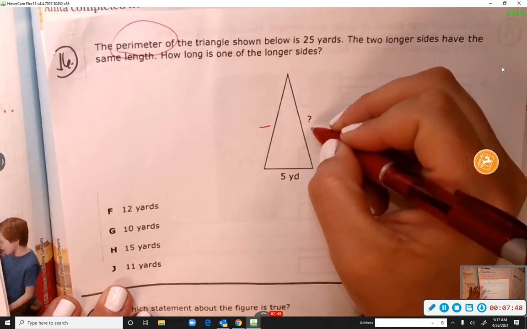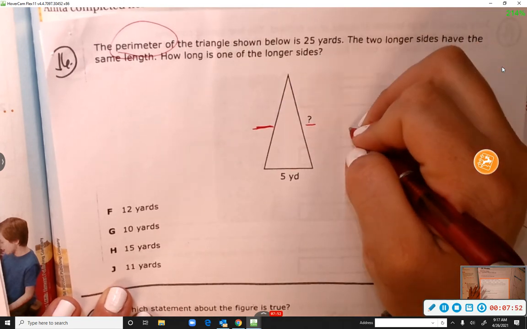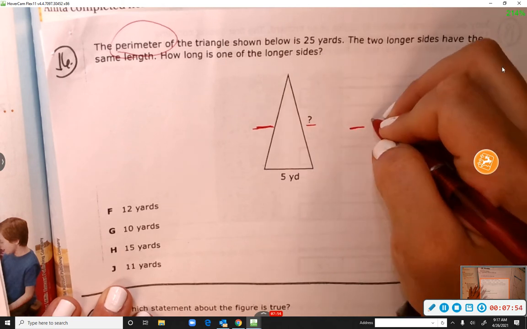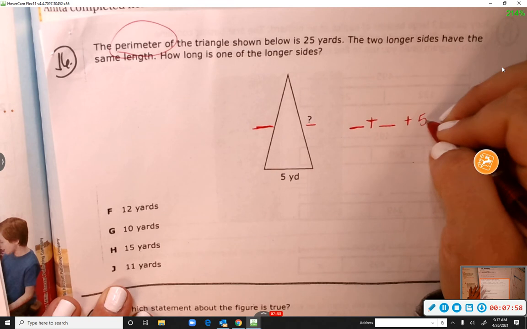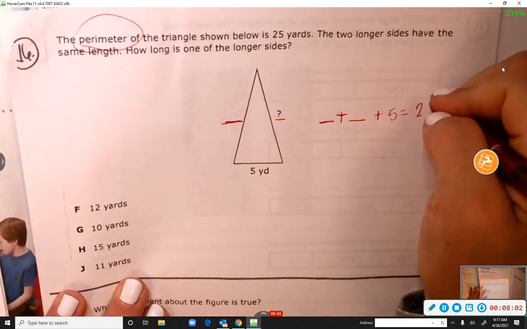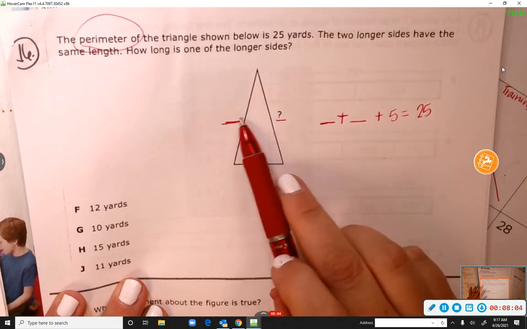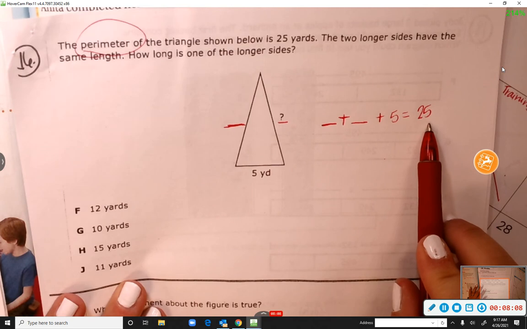So these two sides are the same, right? So that means the two missing sides plus 5 is going to add up to what? 25, because that's what perimeter means. We add all these up and it equals that perimeter. Okay?